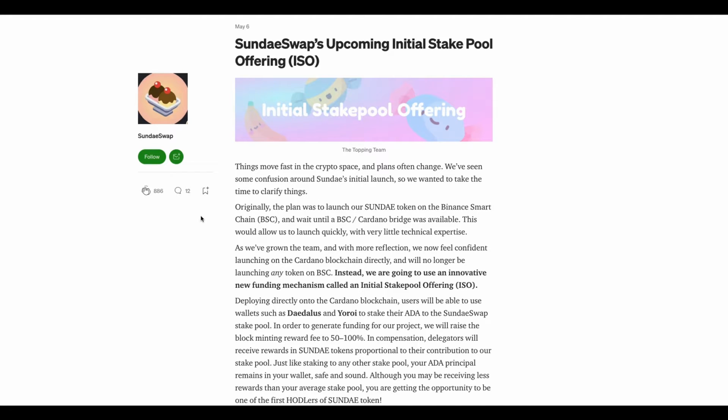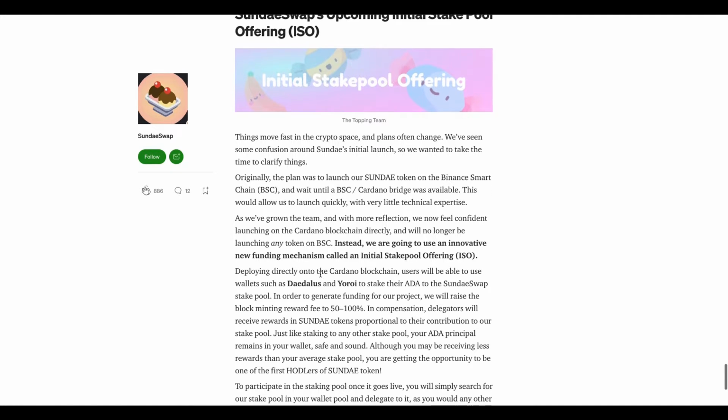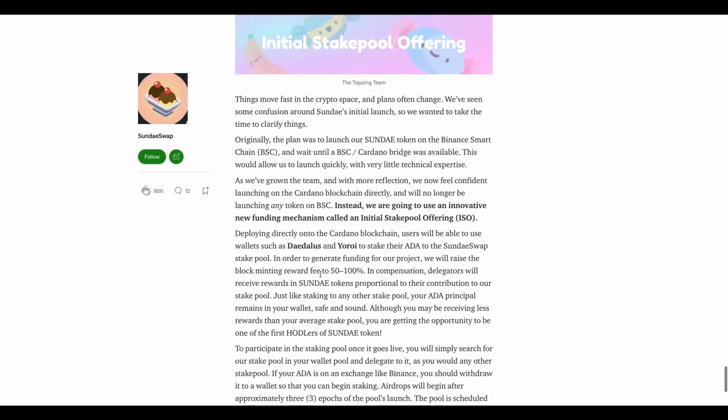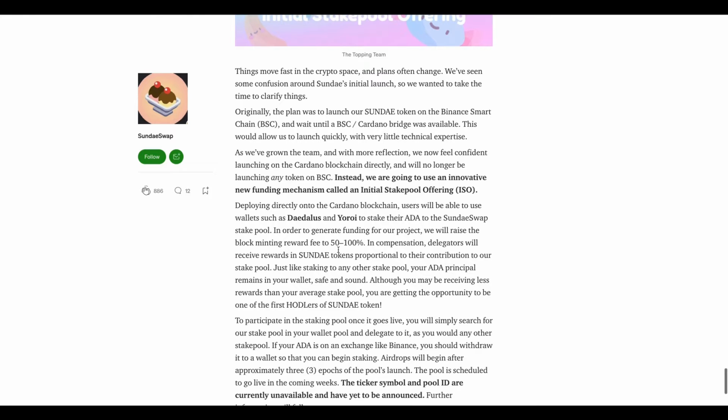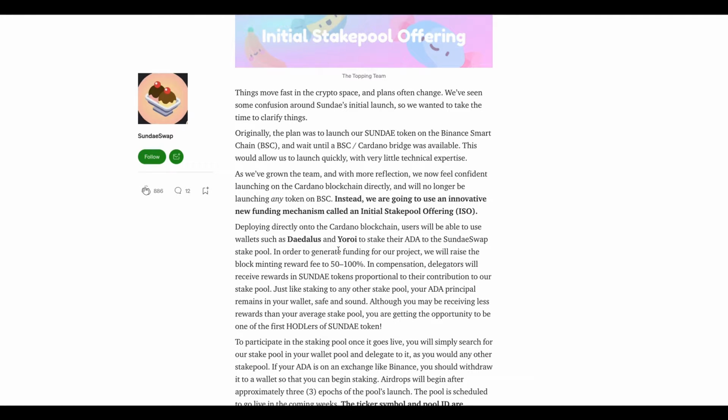Cardano still hasn't come out with smart contracts yet, so DEXes that are being built on the ADA blockchain are still very new. So ISO is probably the newest offering model.